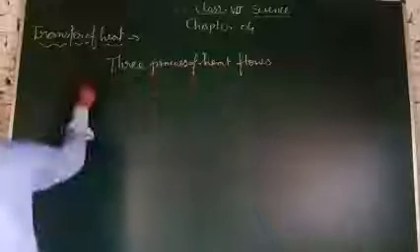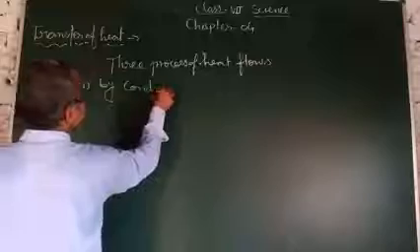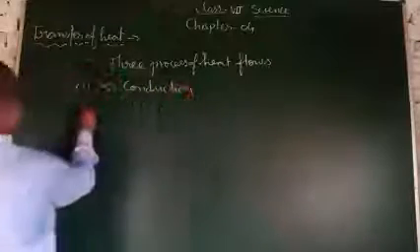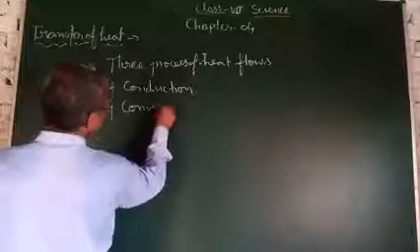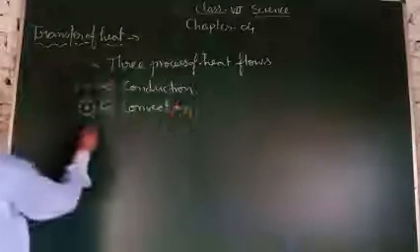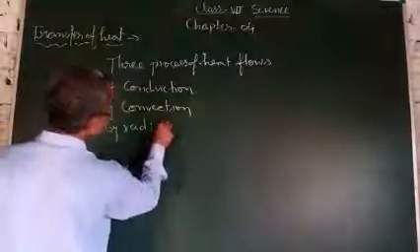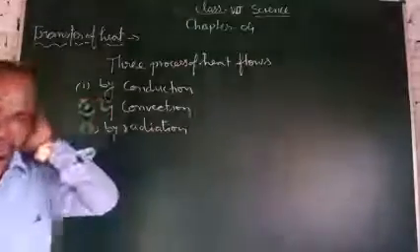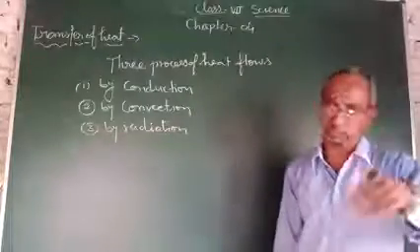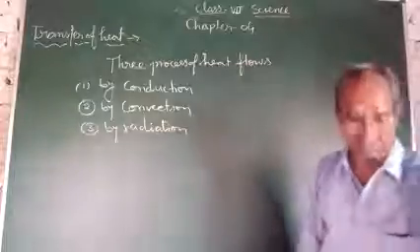First by conduction, second by convection, third by radiation. Conduction, convection and radiation are the three processes for flowing heat from one object to another object, or one place to another place, or one part of an object to another part of the same object.